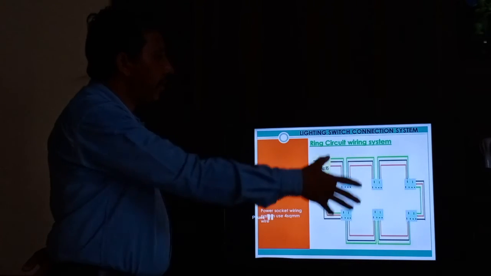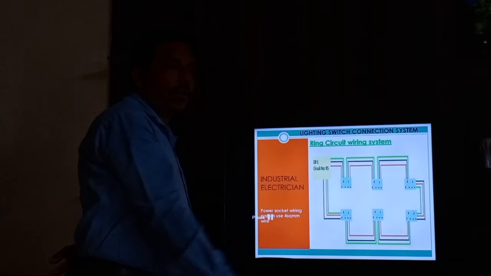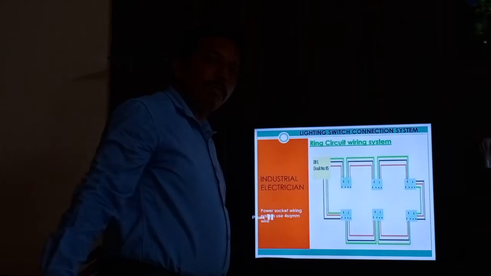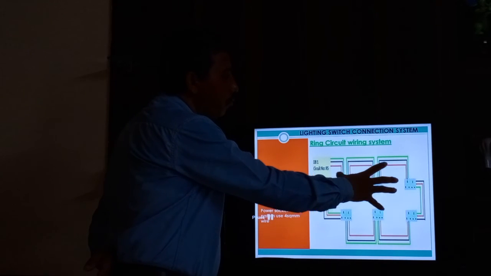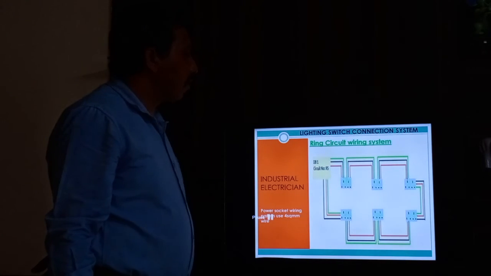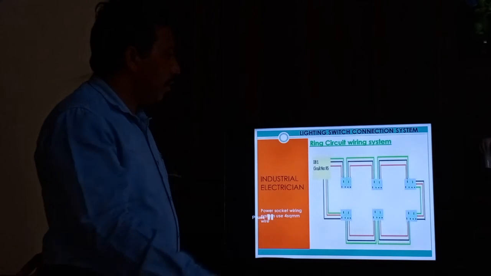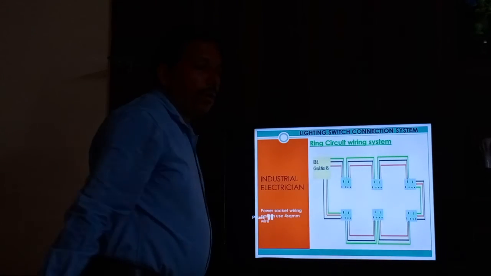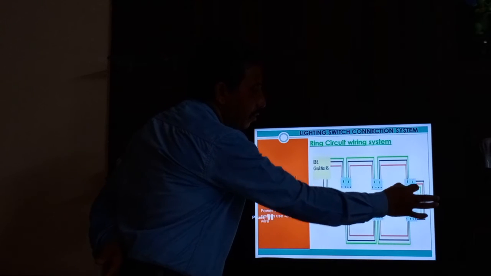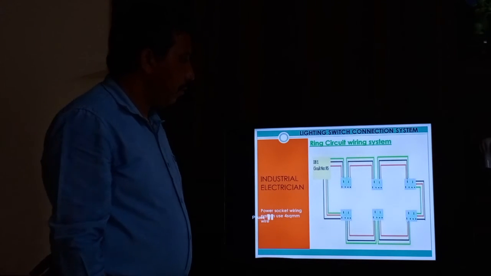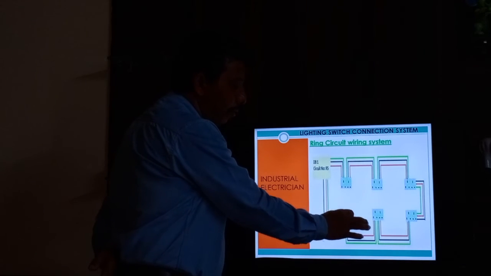This kind of wiring we need in the Gulf, and for extender wiring. If you make extender wiring, you should make ring circuit wiring for balance of the load. If we make balance of load, every point works with the same power. There is no power drop.